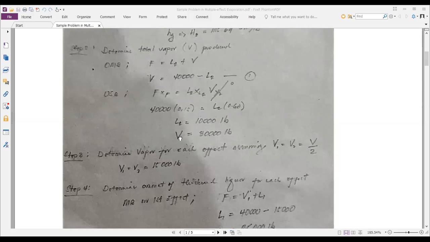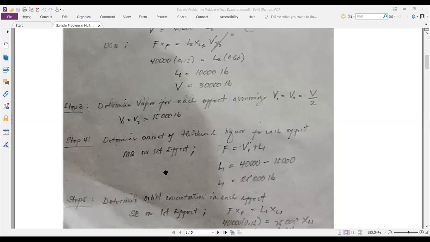You assume that the water evaporated in each effect is equal. So this is what I've mentioned, that whatever value you got from step 2, you will divide by the number of effects. And now we will be assuming that each of your effects evaporates 15,000 pounds of water and turns it into vapor.